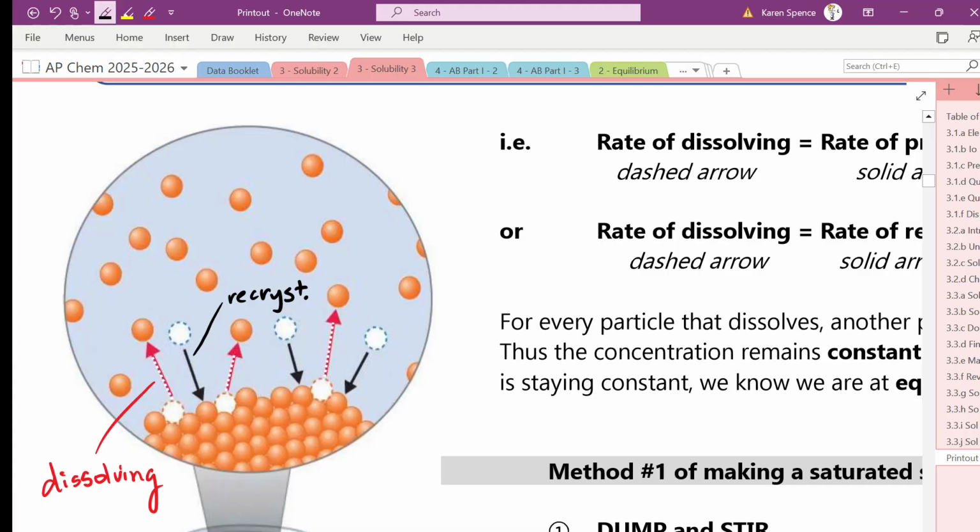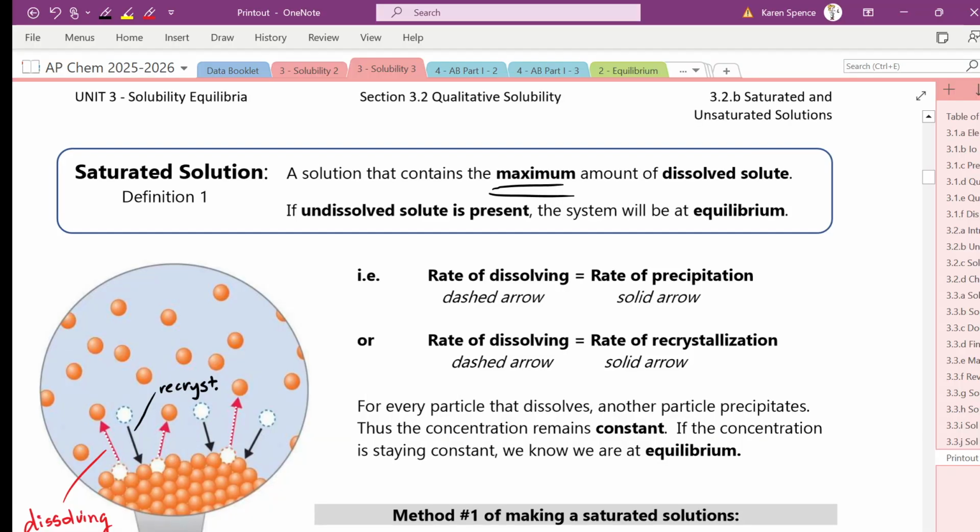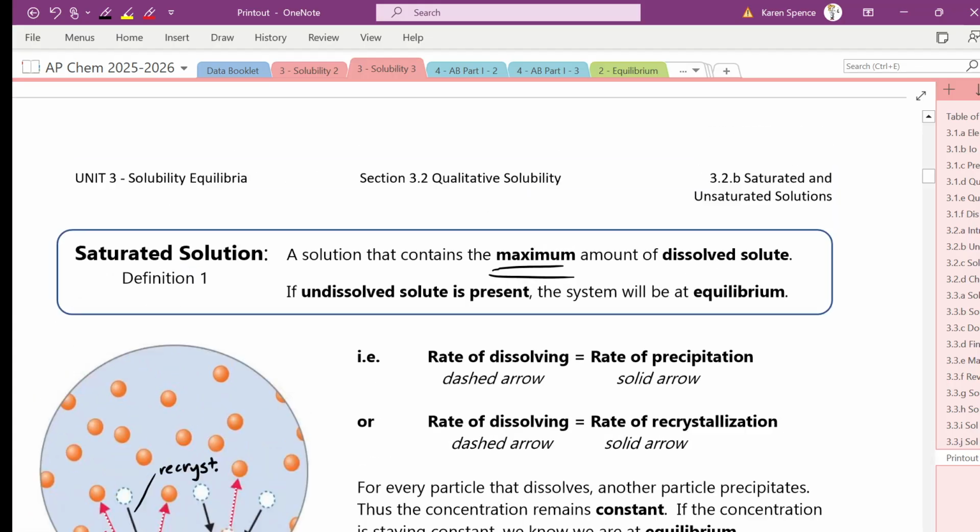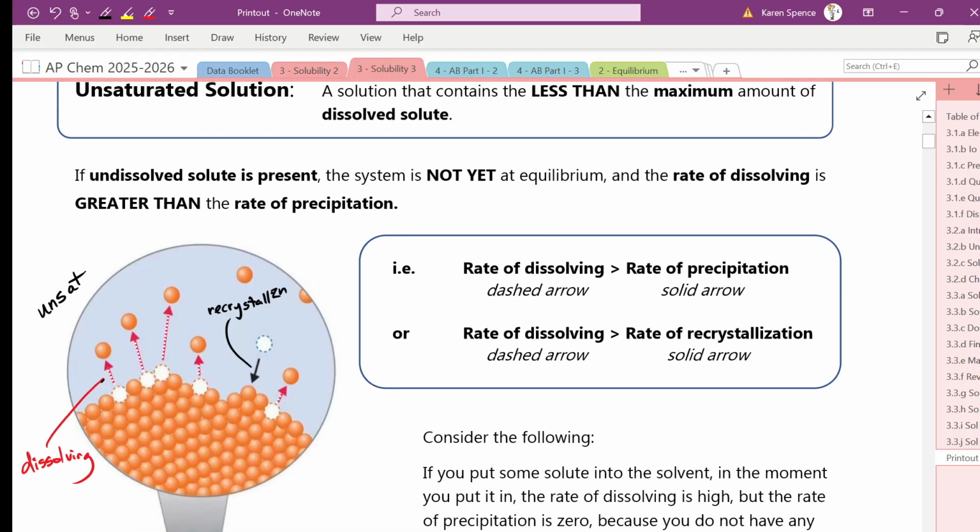So how do, yes, sorry. The saturated solution definition says undissolved solid. Yes. On the back page it says undissolved solid.